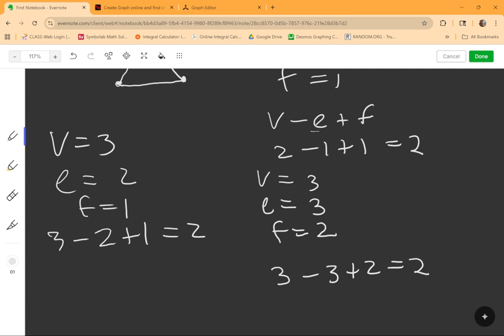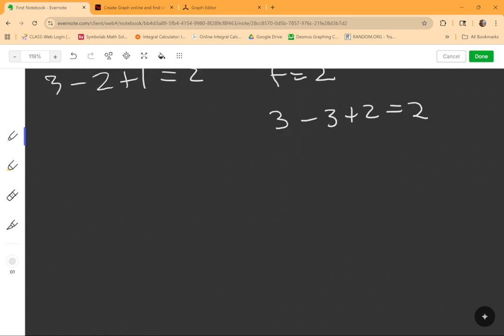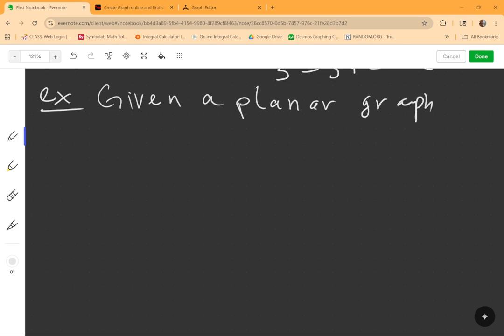Okay, so now moving on here, let's look at just a straightforward example. So let's say for this example, we are given a planar graph with V equals 7 and E equals 9.